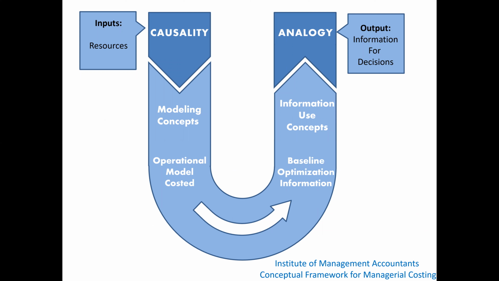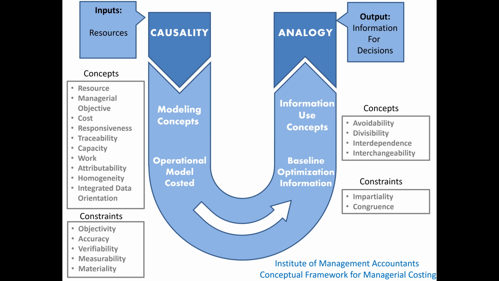And then we build a model of the resources. The core of RCA is an operational model that serves as a baseline for optimization decisions to help an organization achieve its strategic goal. So we're going to talk some more about this idea of an operational model that is then costed, and that sequence is important.